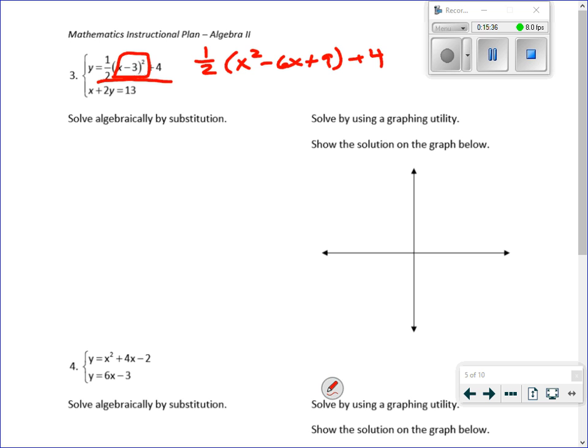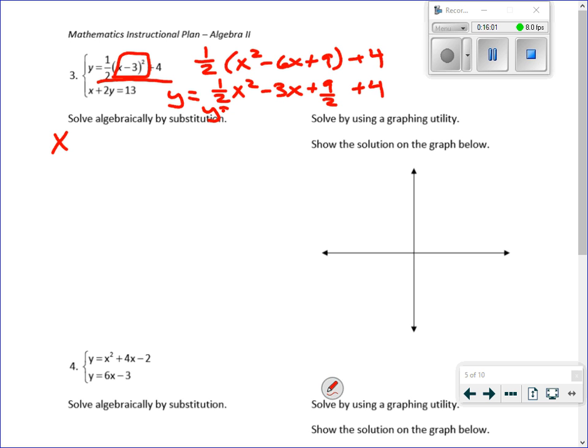Then you can multiply everything by a half, which would give you 1/2 x squared minus 3x plus 9 over 2. And then you can add that 4 with your 9 over 2. So don't forget about those basics. This is what our y will be equal to.